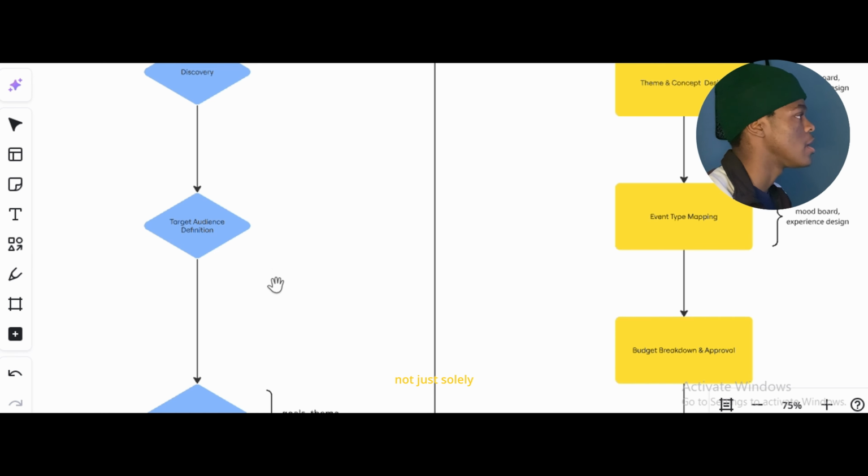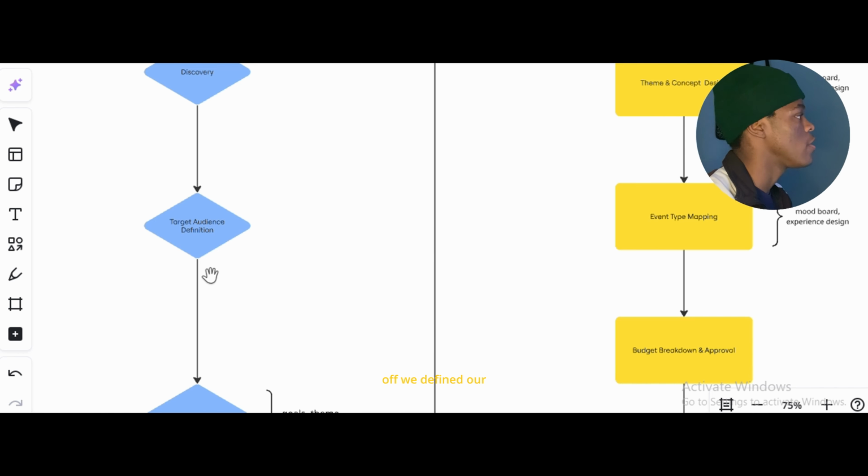Because let's remember, we are not solely focused on a music festival or a specific festival. We are diverse. Therefore, there will be corporate events, meaning that we are not targeting our normal audience. We are actually targeting businessmen or people who genuinely want to grow. So here we define what our target is.